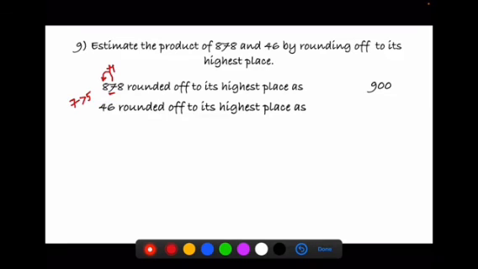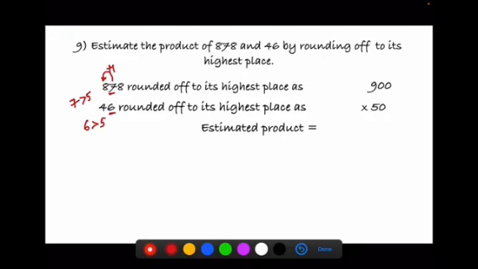The next number, 46, rounded off to its highest place: here the highest place is tens and we'll have to consider the units place. Units place 6 is greater than 5. So the number rounded off to its highest place, the second number, is 50.